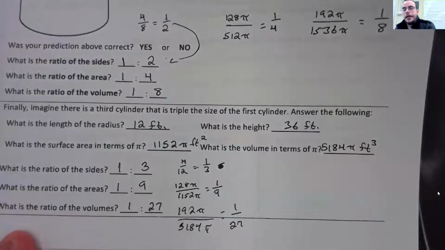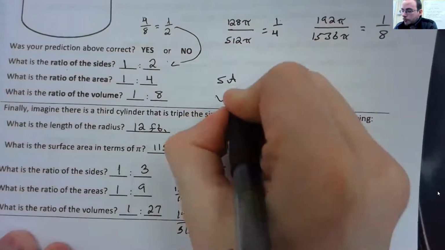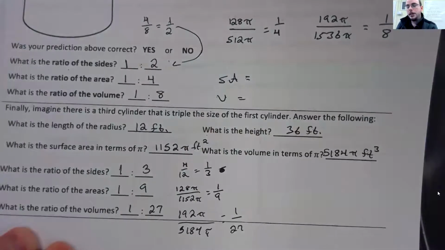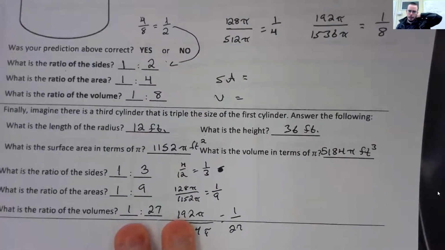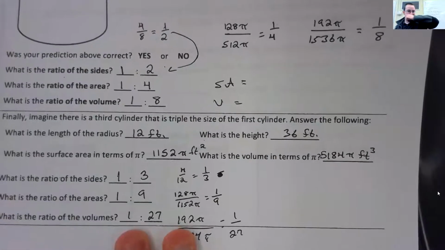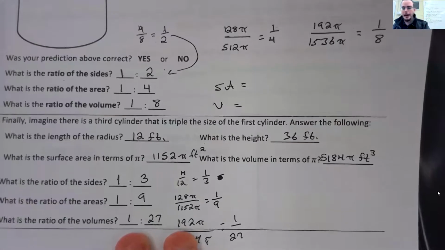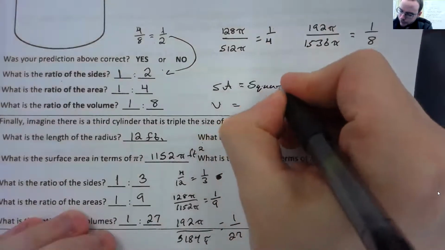And I want you to think about the surface area and volume. What units do we typically use for surface area? And by that, what I mean is when we find the surface area, we say feet or inches or something, and then what do we put after it? Well, surface area, we put squared units.